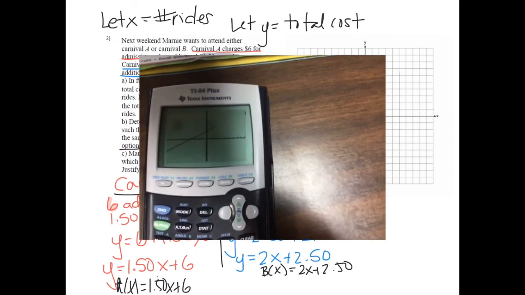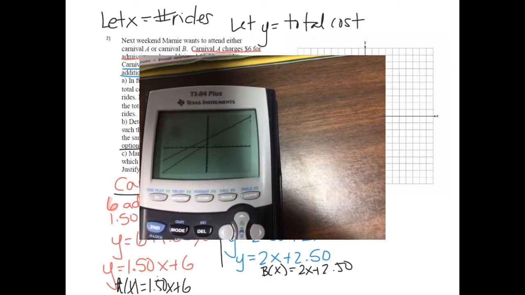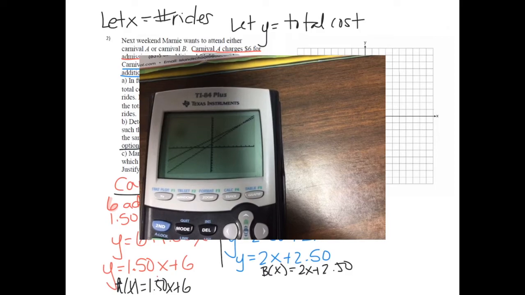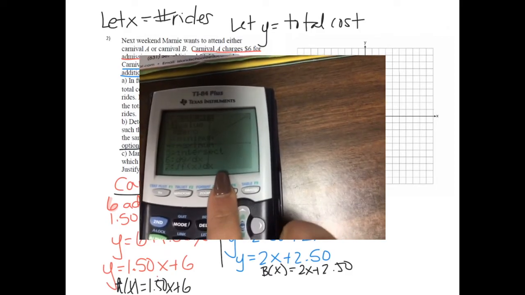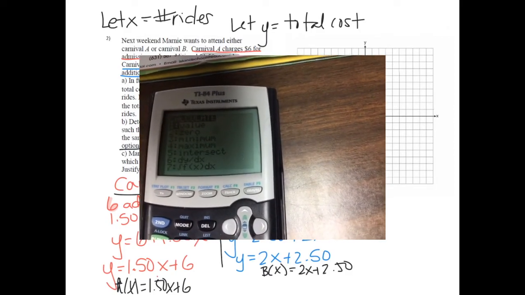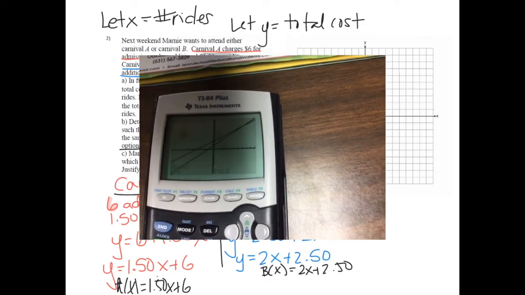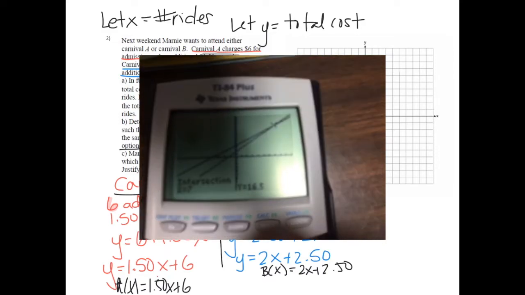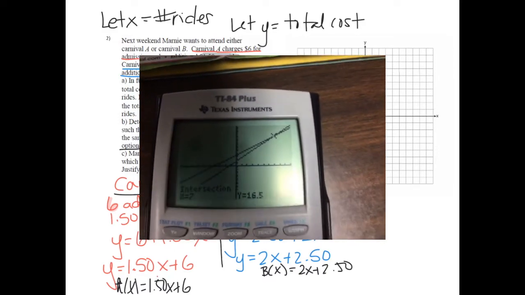All right, now we're going to second trace, option 5, enter, enter, enter. So our intersection is going to be here at 7, 16.5.